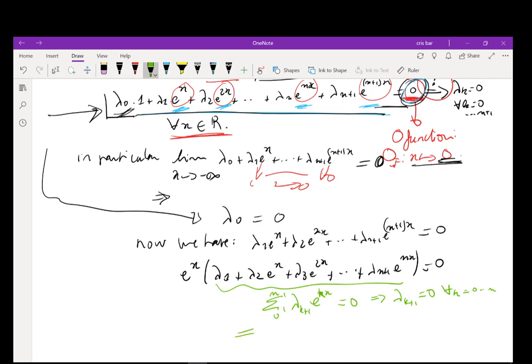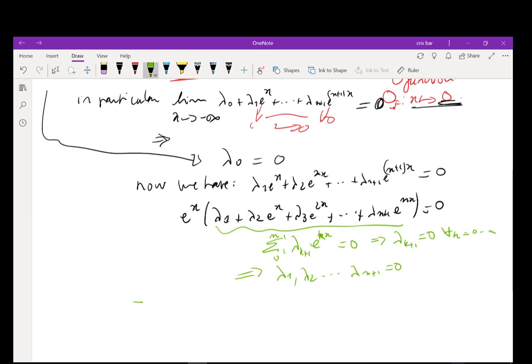Meaning that lambda 1, lambda 2, up to lambda n plus 1 are equal to 0. Okay, and that's it. So f n plus 1 is linearly independent.